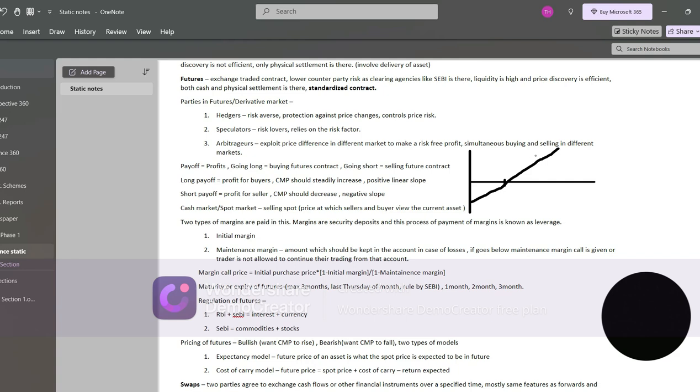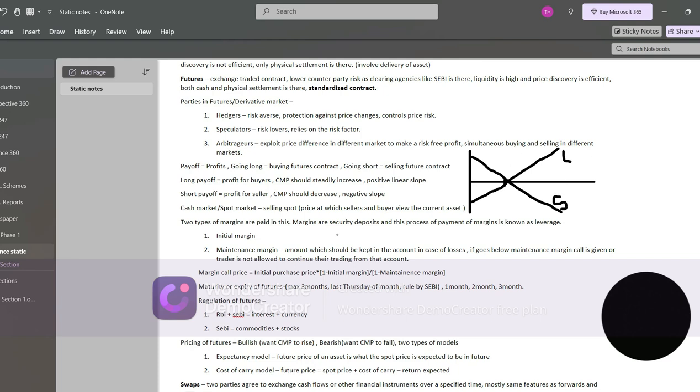So, for the long payoff, the person will want the CMP to continuously increase, and similarly for the short payoff, the person will continuously want the CMP to decrease like this. Now this one was for the long payoff, and this one will be for the short payoff.